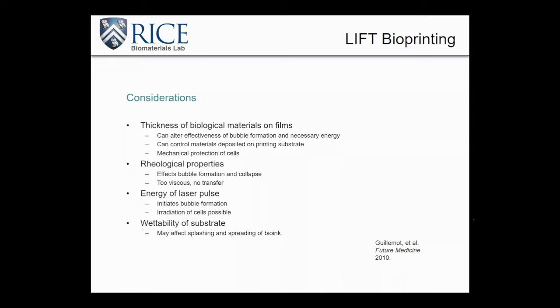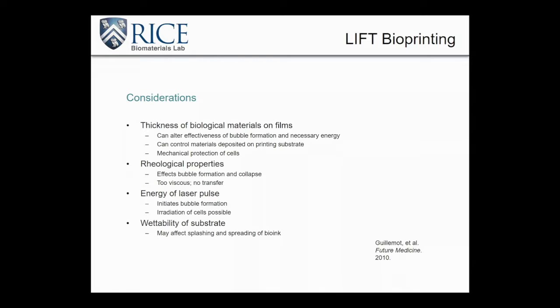Like I said, that can alter the effectiveness of the bubble formation and the necessary energy that you have to apply to get the proper jet stream. It can also control the materials deposited on the printing substrate, so the volume of your material, each layer, the layer thickness on your substrate is going to be drastically affected by the thickness of the biological material on your printing ribbon, which makes sense.